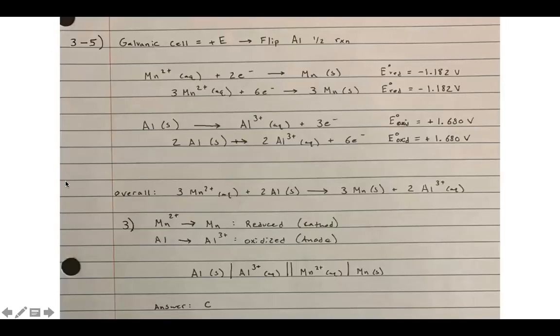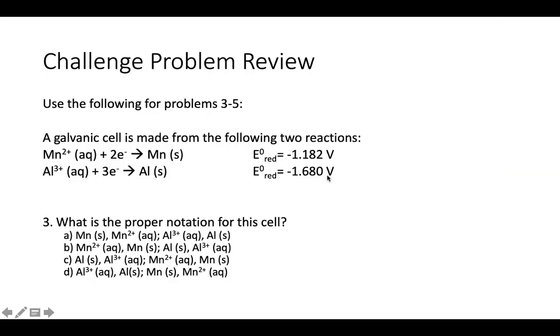And so the big key to this problem, or the big hint, is they tell you that this is a galvanic cell. That's a really important point, because by definition, a galvanic cell has a positive cell potential, or a positive E value. So let me go back to the half reactions real quickly. We're going to want to flip one of these 2 half reactions.